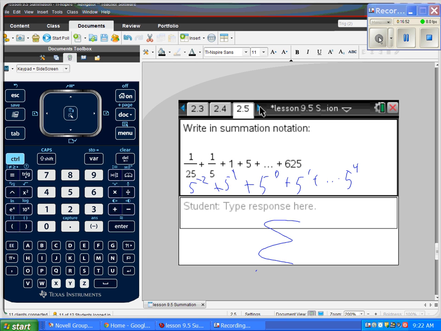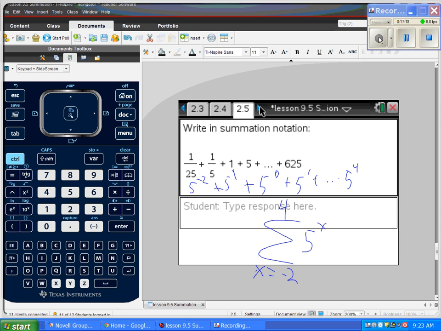What letter do you want to use? X? We use X again. Started at negative 2. What did we end with? 4, positive 4. What's my formula? 5 to the x. That's all we need, 5 to the x here.